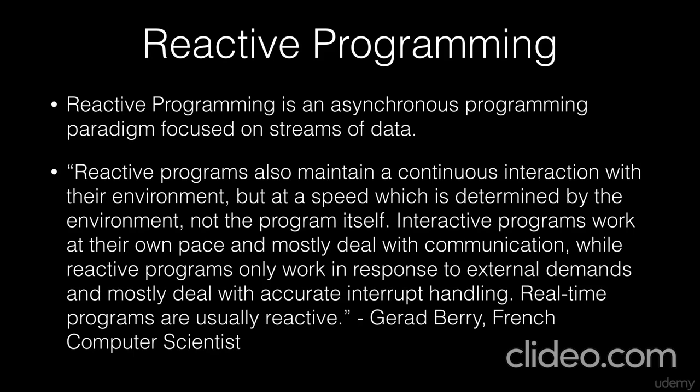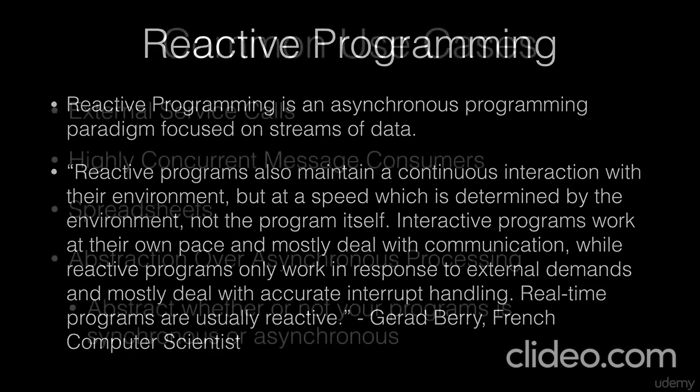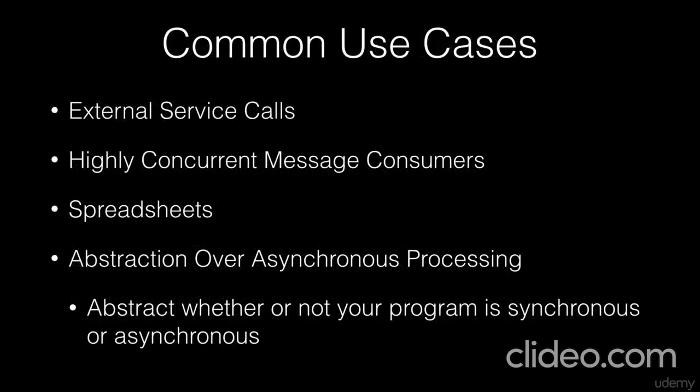So that's a fairly comprehensive statement there about reactive programming. But the big thing is that you want to remember that you're processing mainly events. It's going to be some type of event or a stream of events that you're going to be working with in a reactive programming context. A lot of common use cases for reactive programming are external service calls where you're calling out to somebody else, or a highly concurrent message consumer.